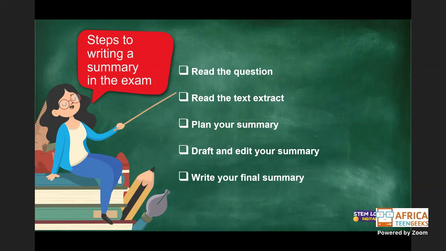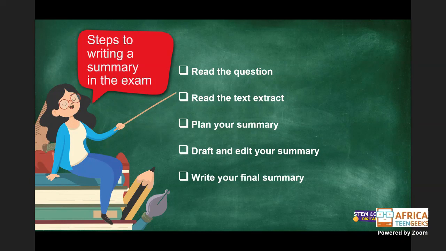Now, when writing a summary, a good summary should contain 7 correct points that keep to the topic and are expressed clearly. You need to use your own words as far as possible. As I've said, it will not be entirely your own words, but as far as possible.